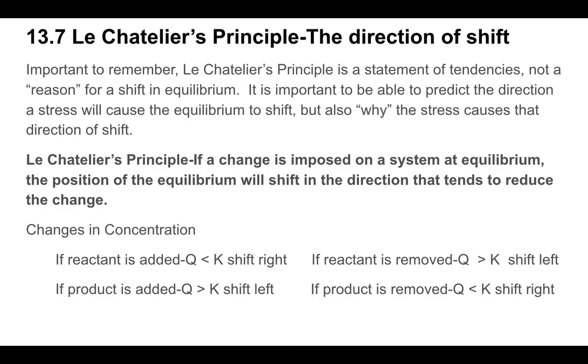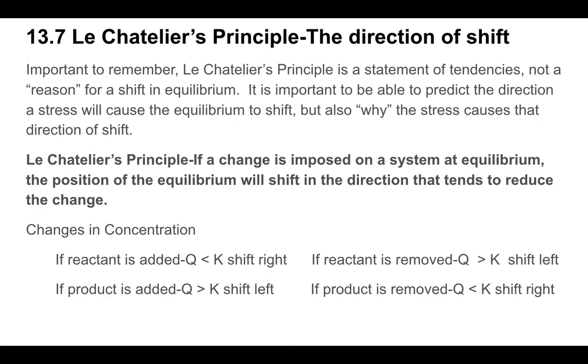So let's get Le Chatelier's principle out in the open here. If a change is imposed on a system that was at equilibrium, the change that's imposed is going to mean you're not going to be at equilibrium anymore. So you were at equilibrium, but then a change happened. The position of the equilibrium will shift left or right in the direction that tends to reduce the change.